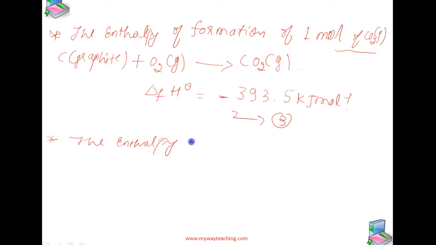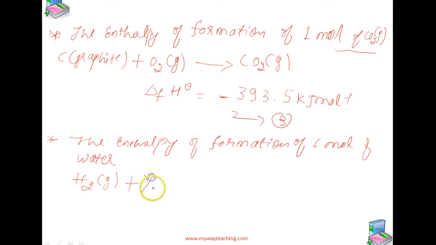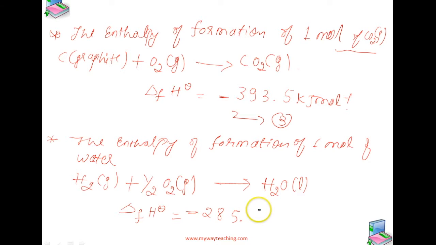Hydrogen gas, H2, plus half oxygen gives water in liquid form, and the standard enthalpy of formation is equal to minus 285.83 kilojoule per mole. Consider this as equation 4.